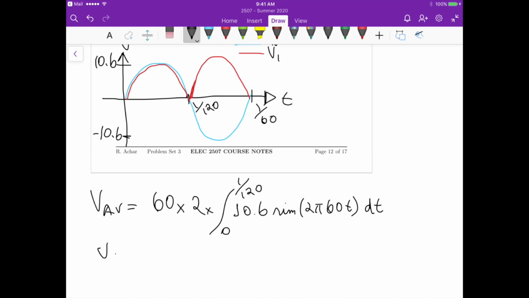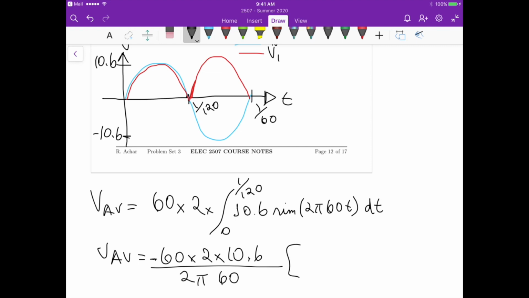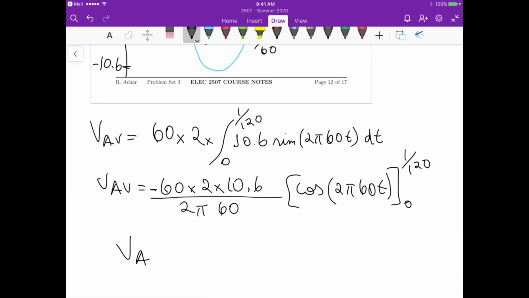So this gives us an average voltage of 60 times 2 times 10.6 divided by 2 pi 60, times negative cosine of 2 pi 60t from 0 up to 1 over 120. Okay, so the average voltage is then 6.75 volts.